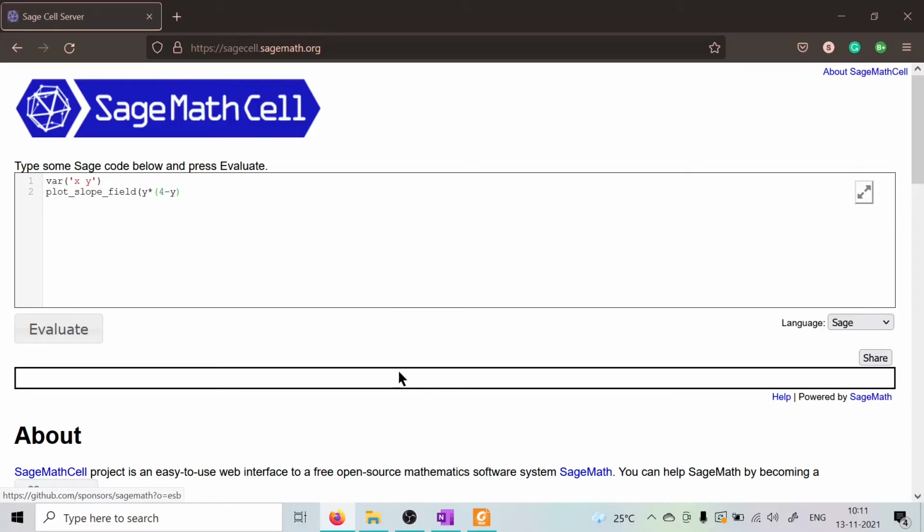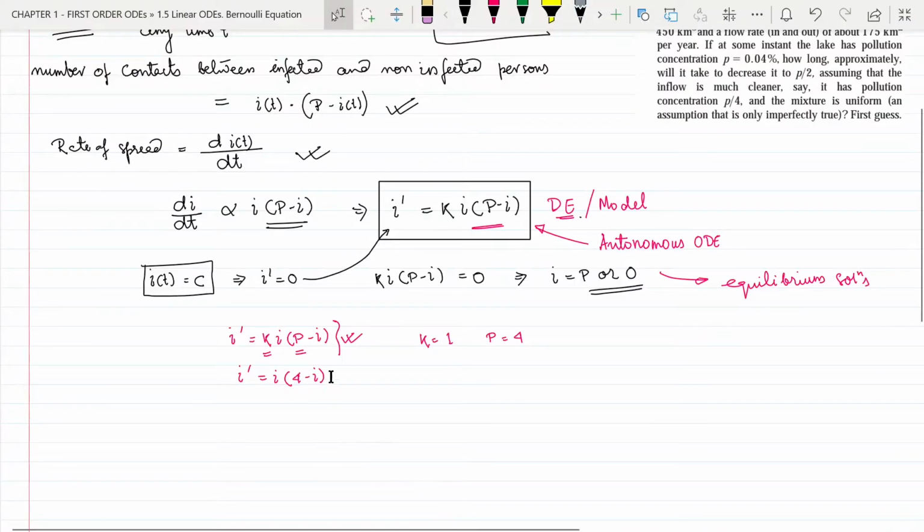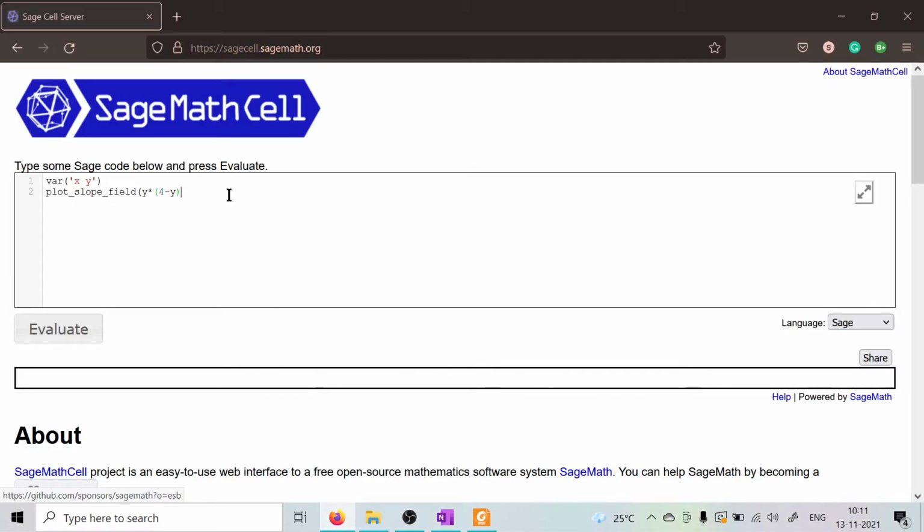We've written y here because y is the dependent variable, and in this equation you can see I is the dependent variable and t was the independent variable. Now let us plot this slope field for x range -5 to +5 and y range -5 to +5.